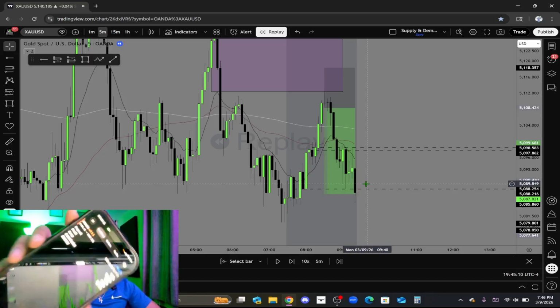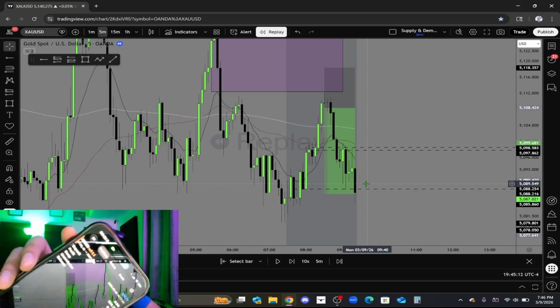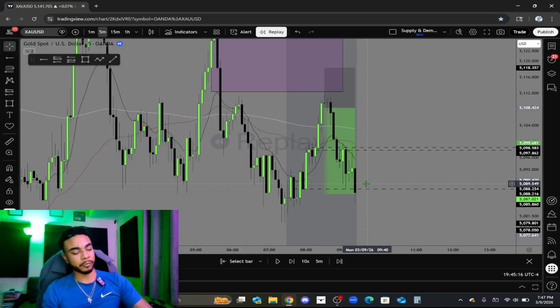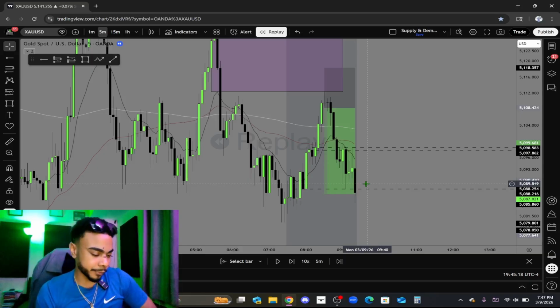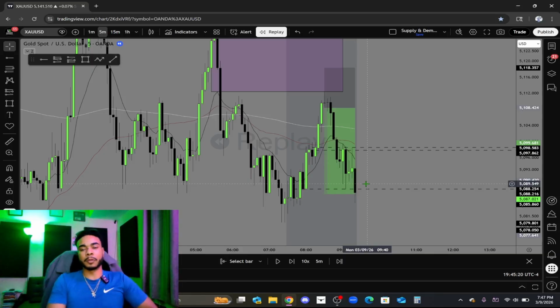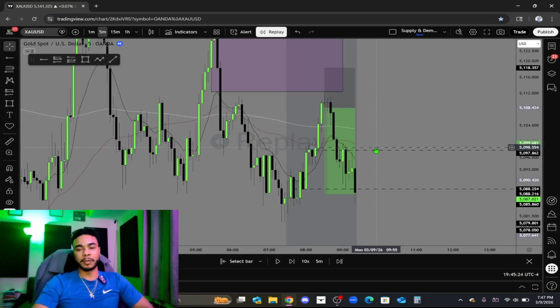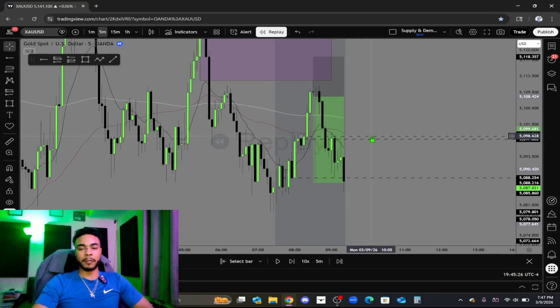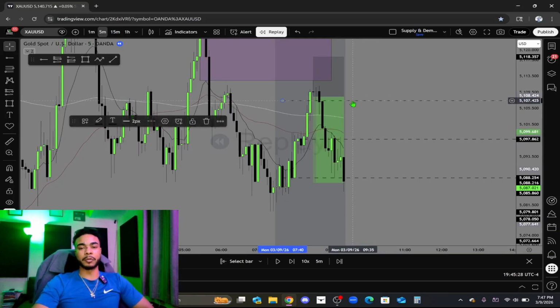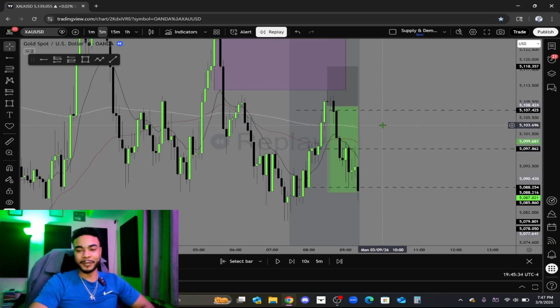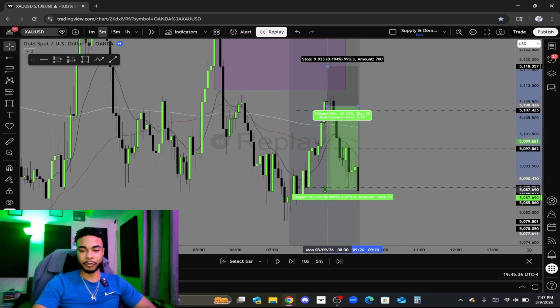Price ended up hitting my stop loss, coming back to my 1-to-1. As you can see, it's red. Price came back, hit my stop loss, and yeah, man, nothing we could do about it. If I would have just left my stop loss at break even where it was, or at half my risk, you know, I would have, could have, would have, whatever, didn't happen. But the trade ended up playing out and hit our second target completely.